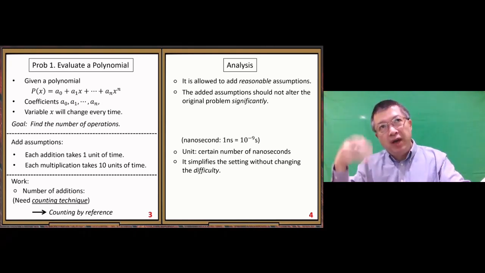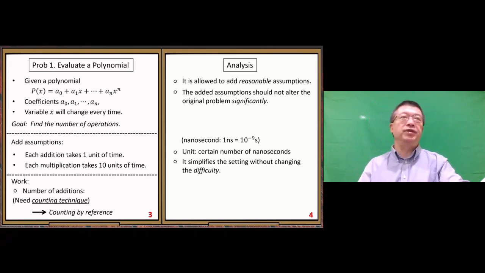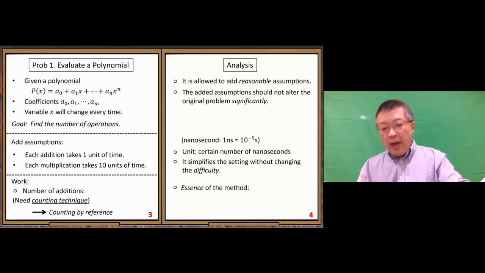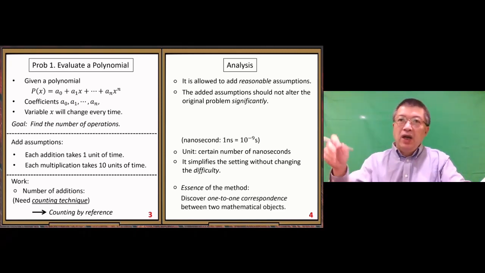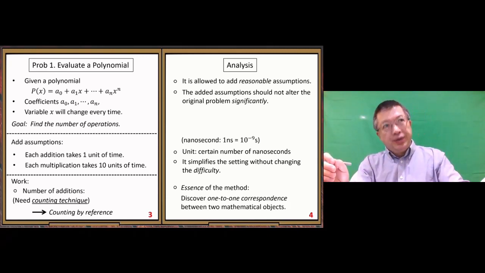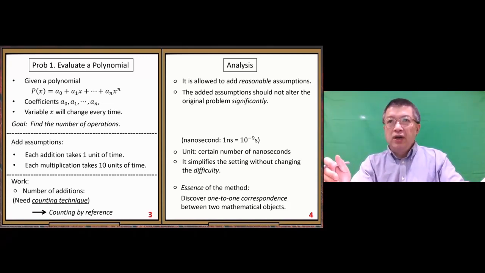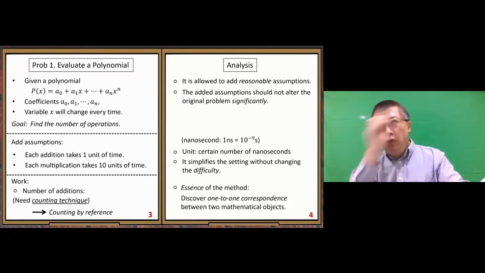So here, let me explain the meaning of this method. Very straightforward. The essence of this method, why it is so effective: simple but effective. The reason is this. To apply it successfully, we need to discover an important rule.